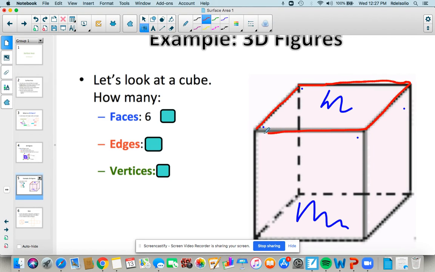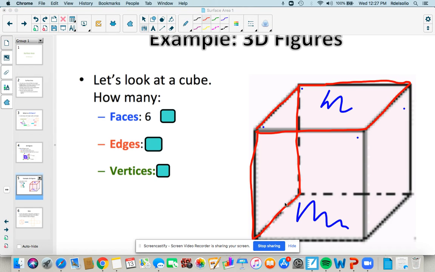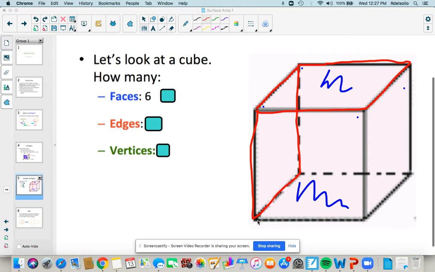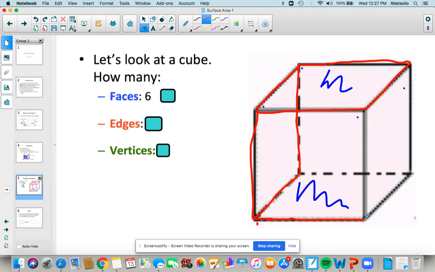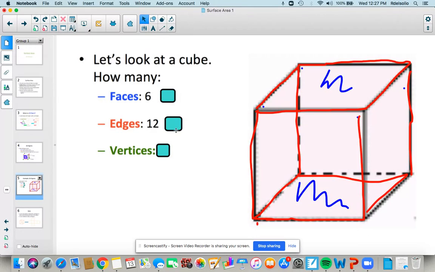There's one in the back here, 5, 6, 7, one here, 8, 9, one in the back, 10, 11, and 12. So those are all the edges. Again, if you were to trace this cube, there are a total of 12.